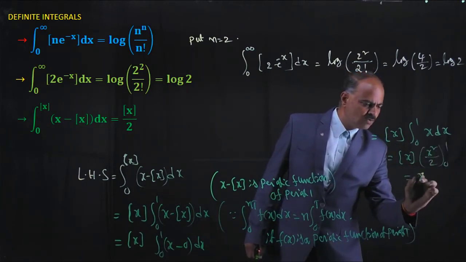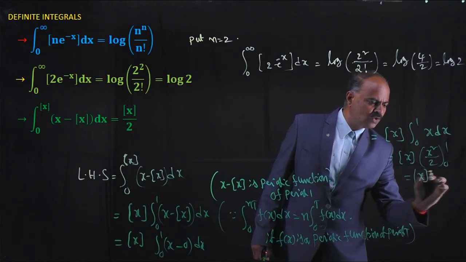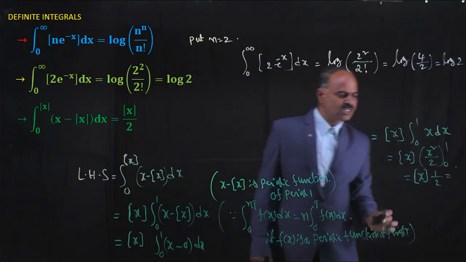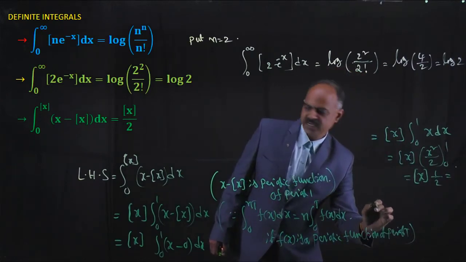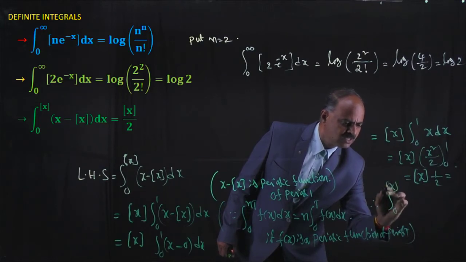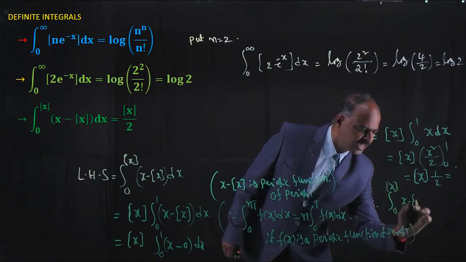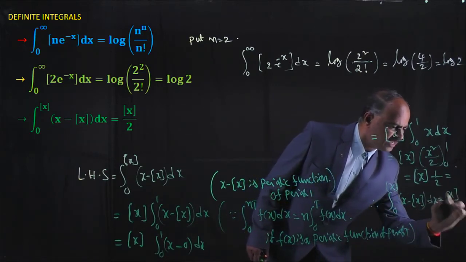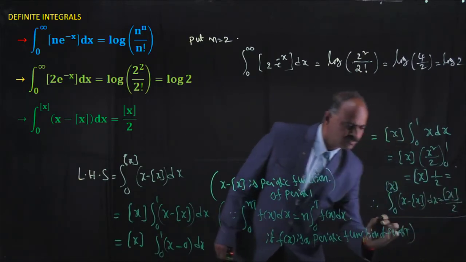That is equal to floor x into 1 by 2, so that is equal to floor x by 2. Therefore integral 0 to floor x of x minus floor x dx equals floor x by 2.